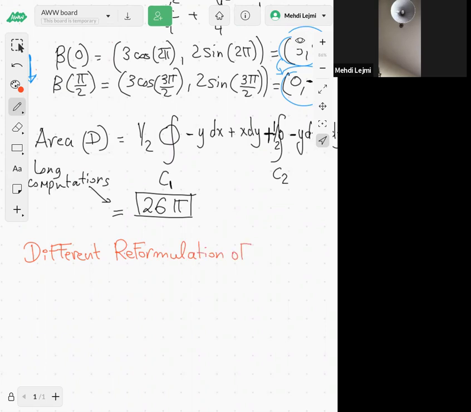Okay, so again, our Green's theorem, the formula is the following.